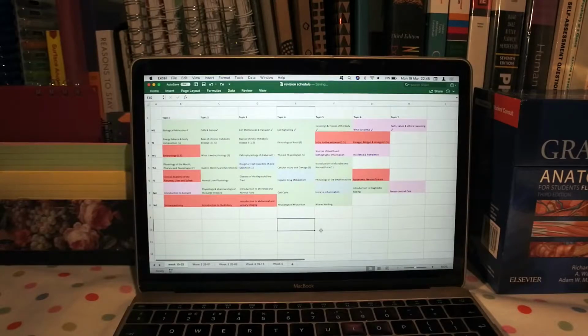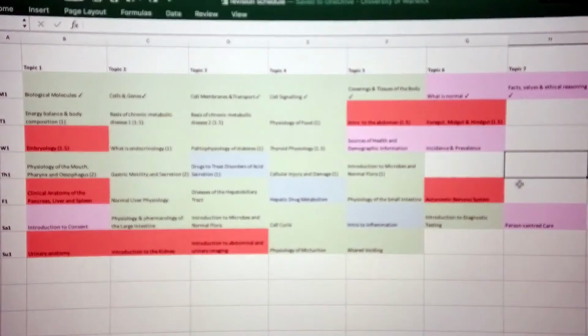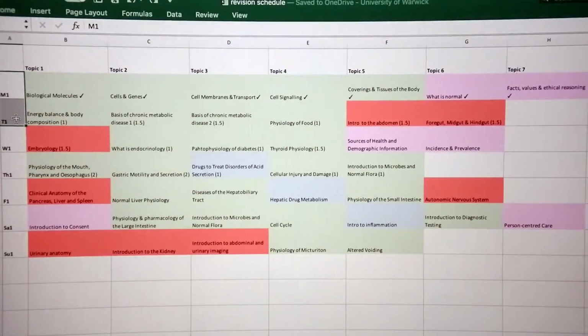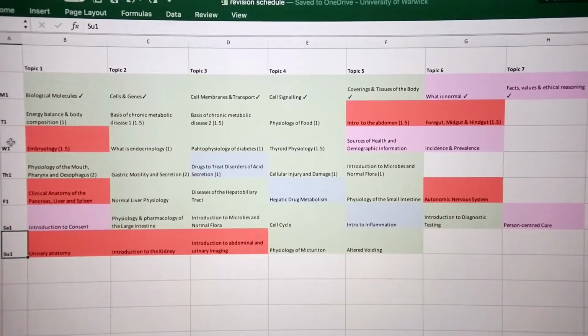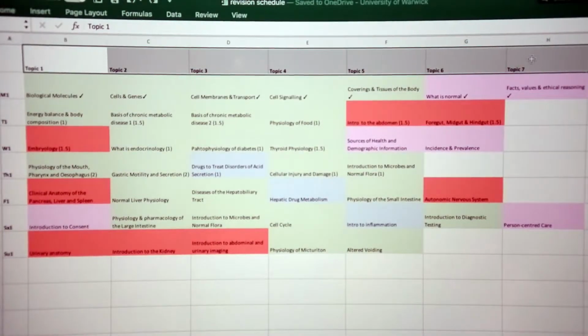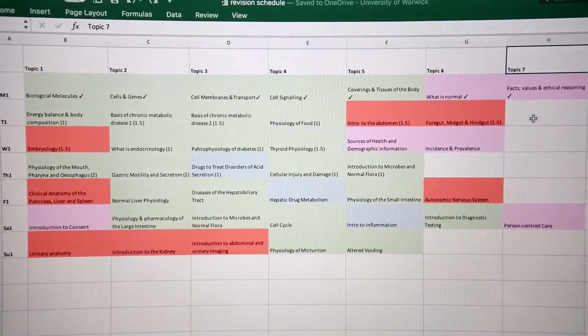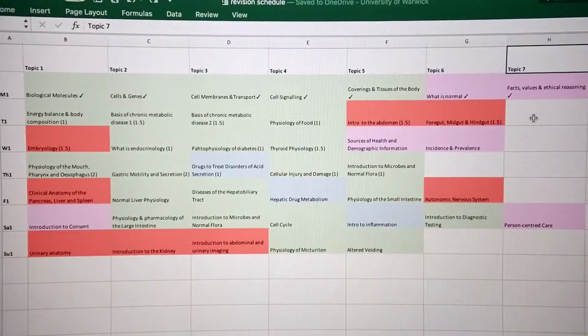Okay, so this is week 1 and this is today's. I'm just going to zoom in a little bit so you've got a slightly better view. As you can see, I have Monday to Sunday down here on the left hand side, and across the top it just says topics 1, 2, 3, 4, 5, 6, 7, which is a bit confusing because there are 7 days of the week, but we'll just move on from that.